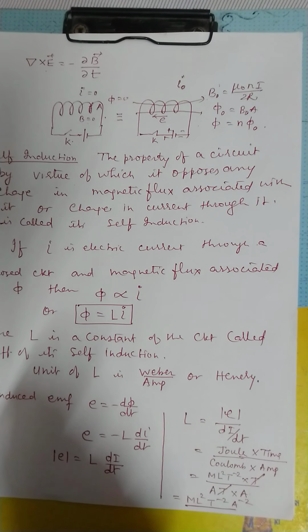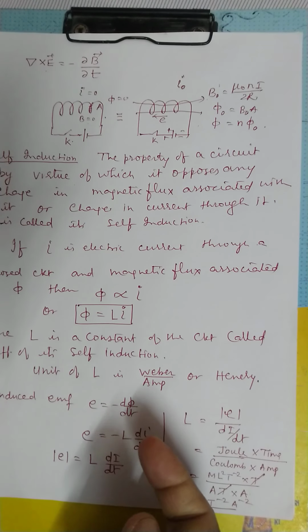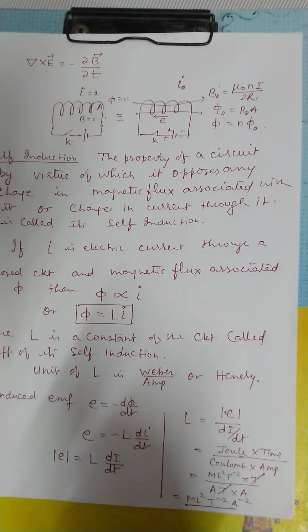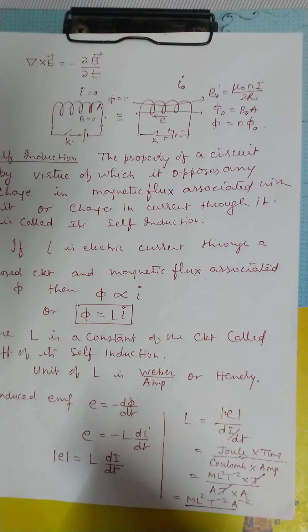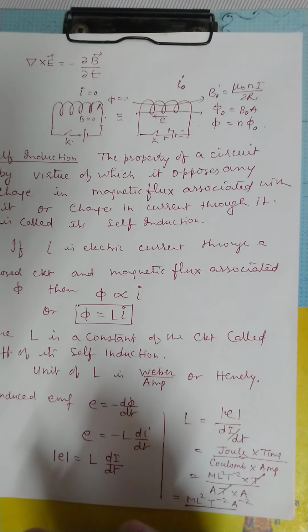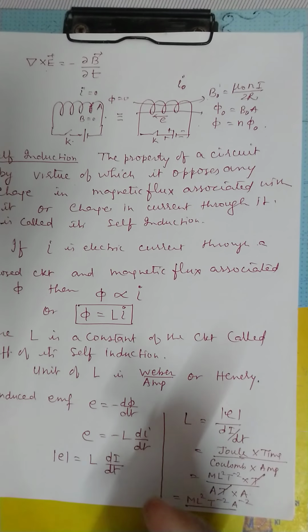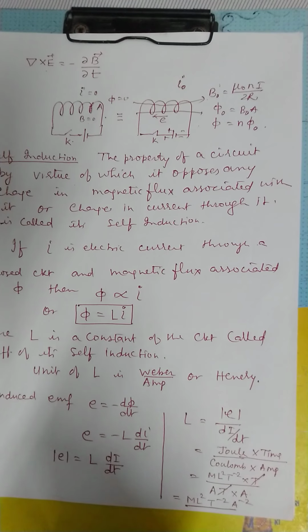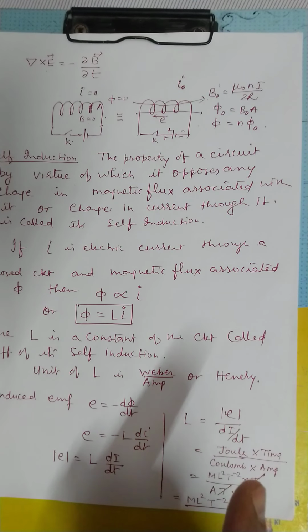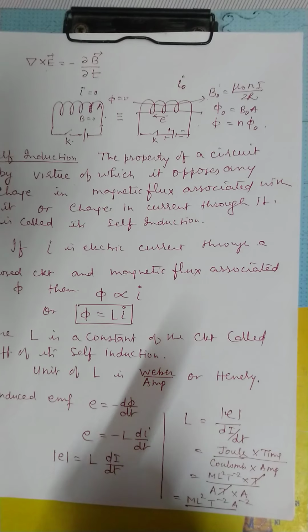So when you switch off a circuit, the current reduces in a very small interval of time from maximum to 0. So the induced EMF is very high, and that sometimes can cause damage in the circuit. This is what happens when, during the switching off of a bulb, it gets fused.